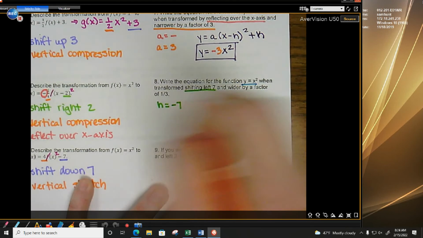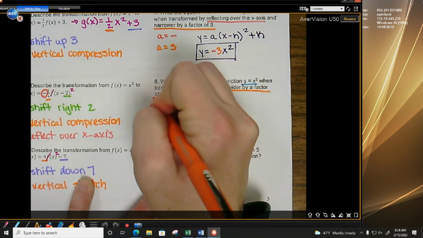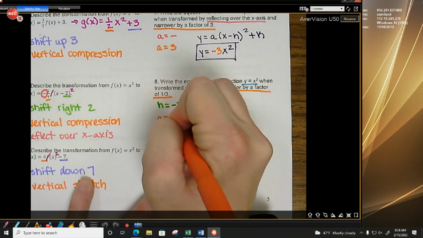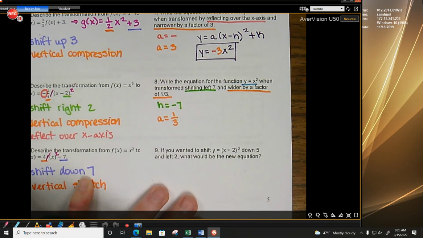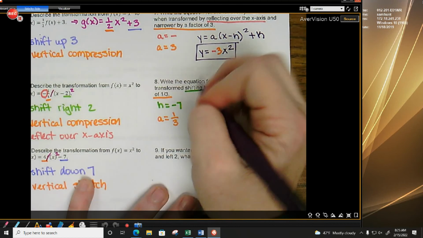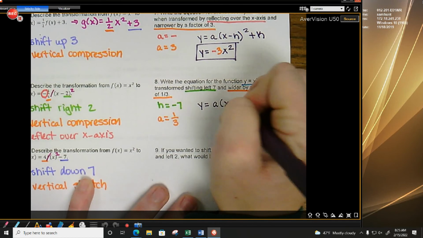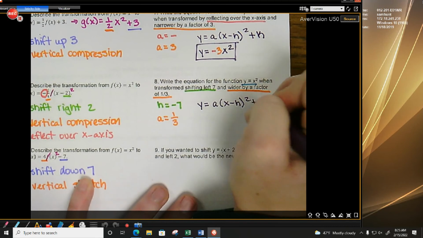Does it say anything else about shifting or reflecting? No, so I have a new h and I have a new A. So again, your vertex form is y equals A times (x minus h) squared plus k. So I'm going to replace my values with my new values. Y equals, what's A? 1/3.